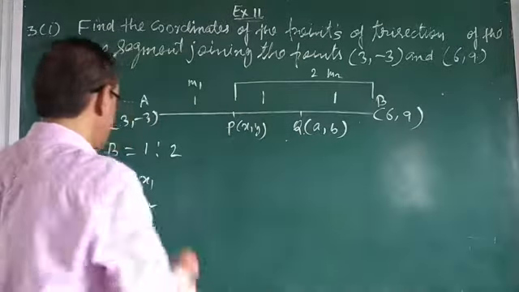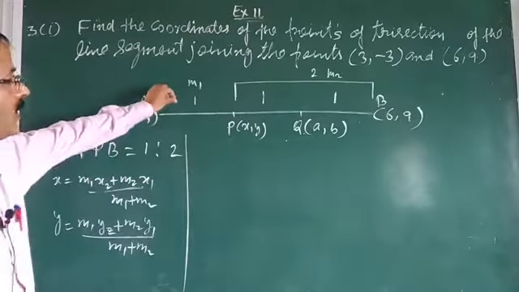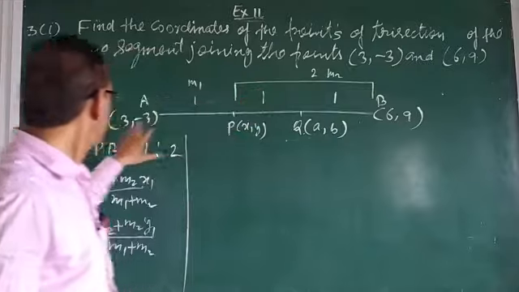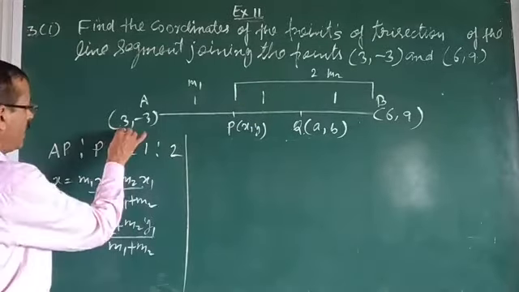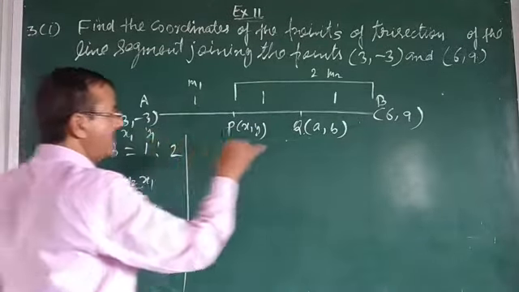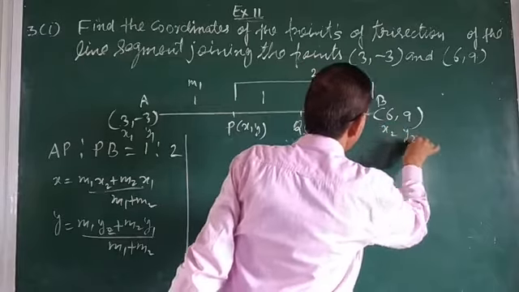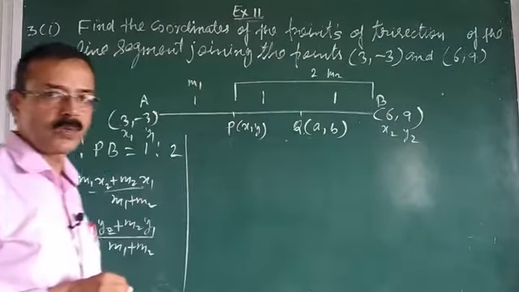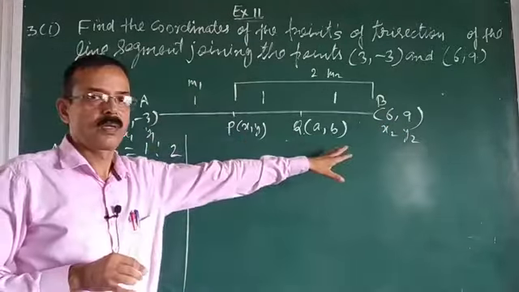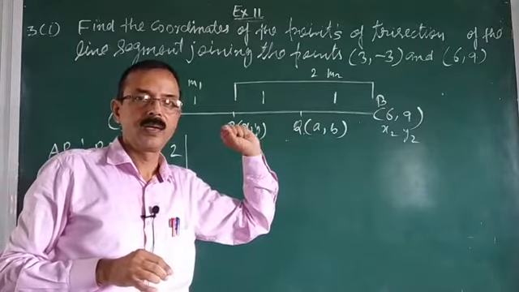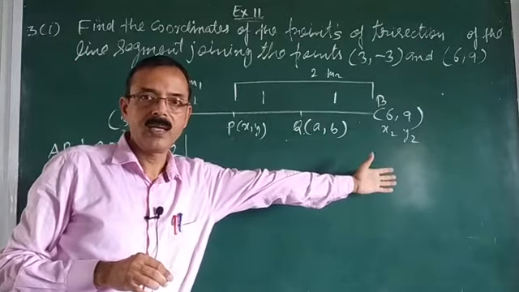So m1 is 1, m2 is 2. This is (x1, y1) and this is (x2, y2). It is not necessary to write that; I wrote it only for understanding.